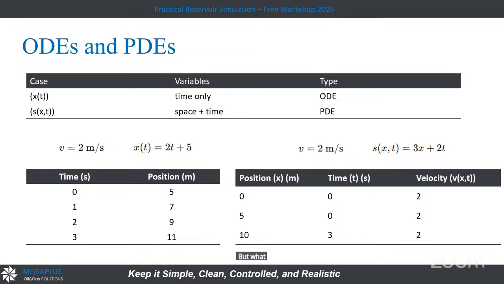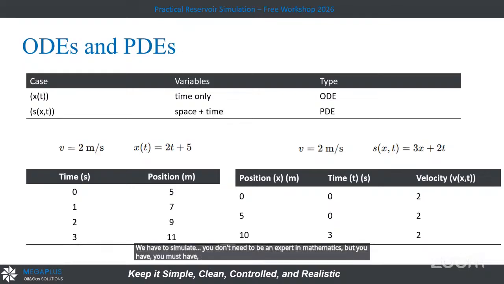But what if I have a function that depends on two independent variables, like space or distance and time? Here come the PDEs. In reservoir simulation, you don't need to be an expert in mathematics, but you must understand the physical meaning of these equations.